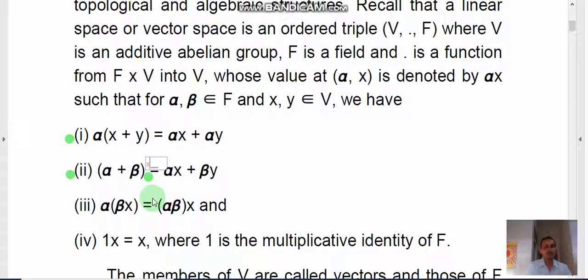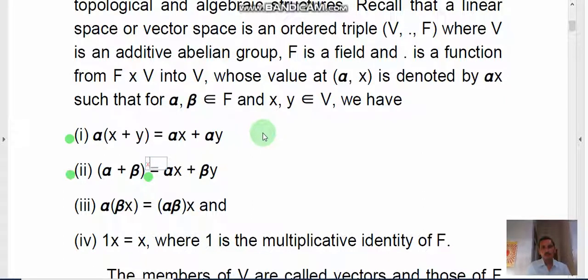Third one, alpha into (beta x) equal to (alpha beta) x, and 1 into x equal to x, where 1 is the multiplicative identity of F. These are the simple properties of vector space or linear space.